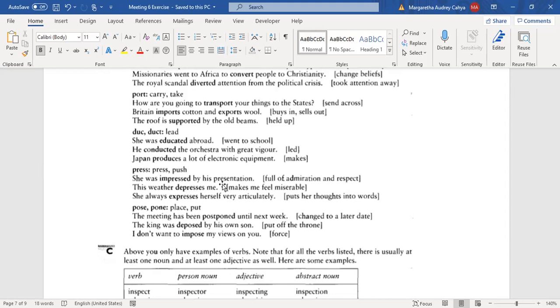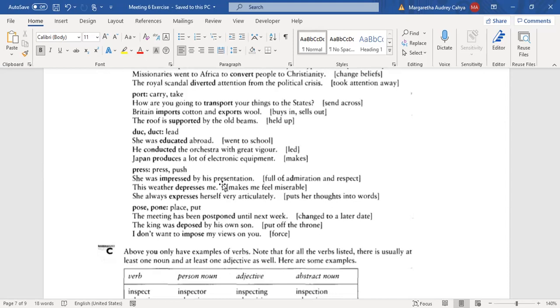Terkesan. My goodness. And then this weather depresses me, makes me feel miserable. Jadi merasa kayak depresi gitu. Dia juga kan merasa feelingnya itu ditekan begitu kan ya. Jadinya makanya dia itu merasanya depresi gitu. She always expresses herself very articulately. Articulately itu kayak sangat bagus begitu. Sangat detail juga.